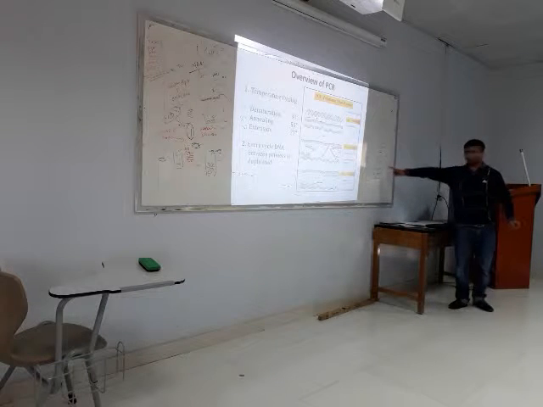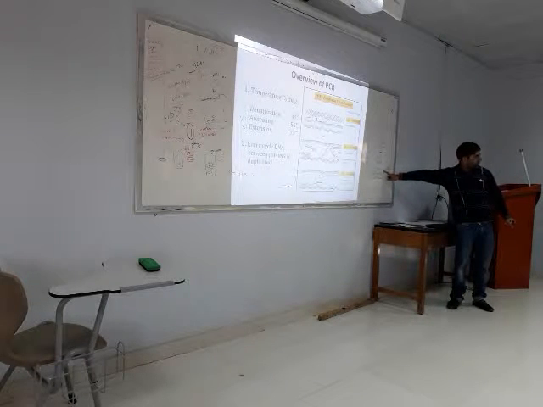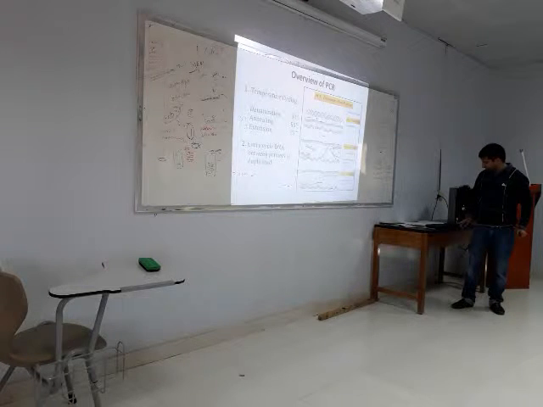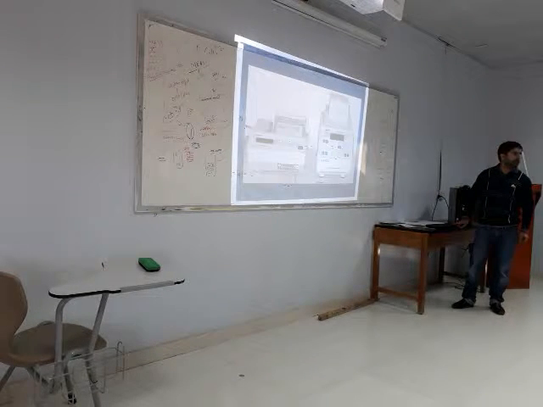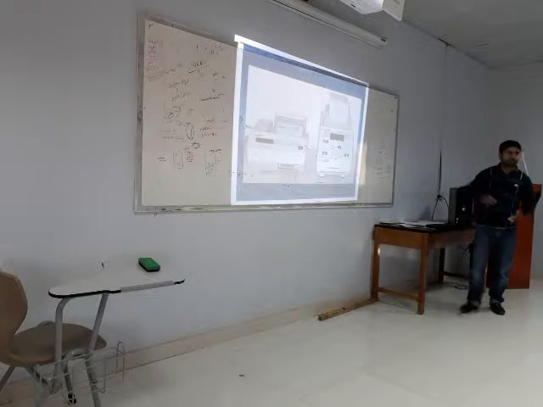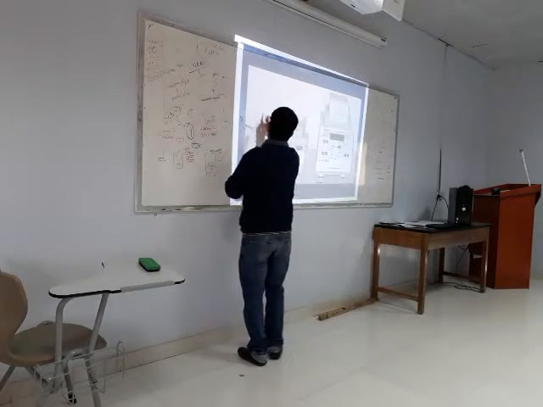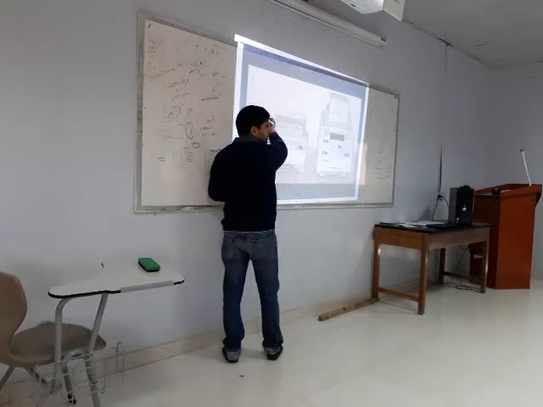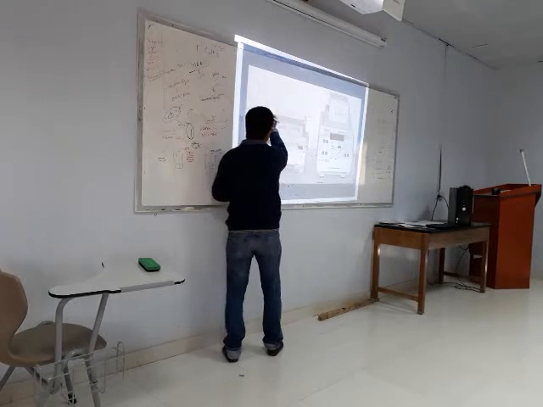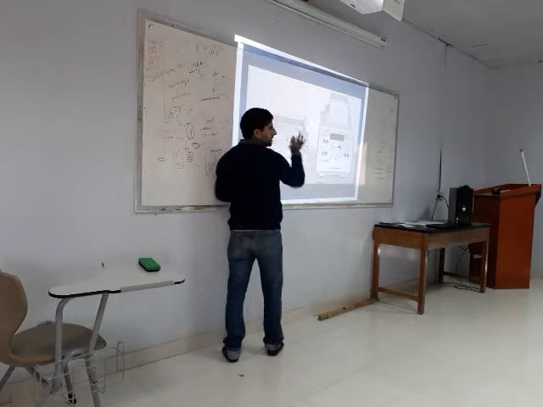3 things are important in the PCR: primer, DNA polymerase, and nucleotides. This is the machine, the polymerase chain reaction machine. Very simple. You take a blood sample, isolate the DNA, and put the DNA of the patient here.